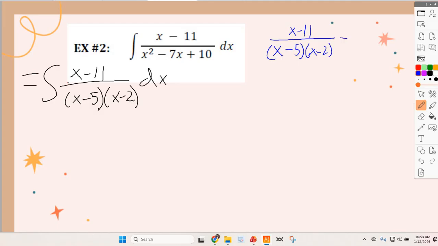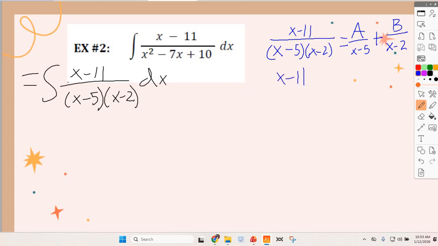So what is this going to have to equal? X minus 5 plus. Alright, and then what would we do? Cool, so what are we going to be left with on the left hand side this time? X minus 11. So we do have an X this time.